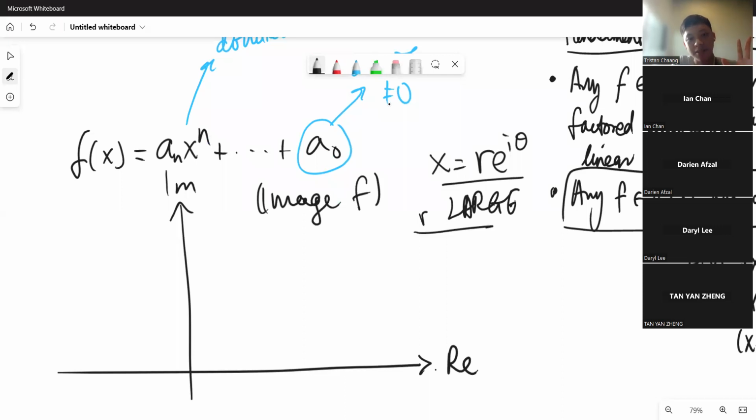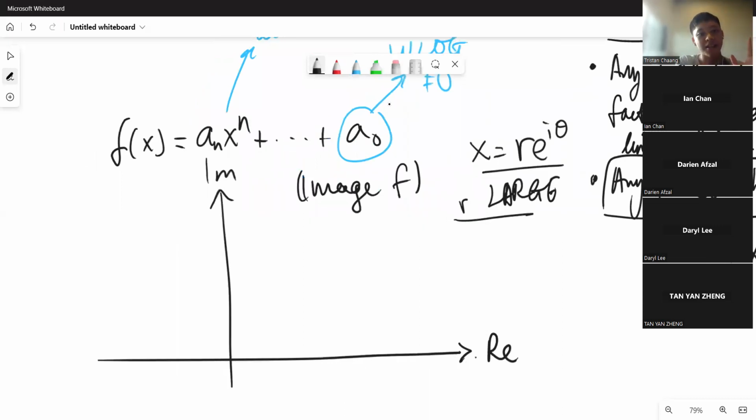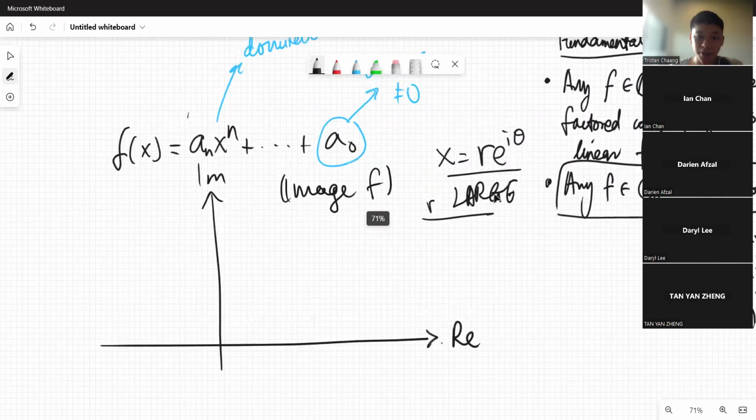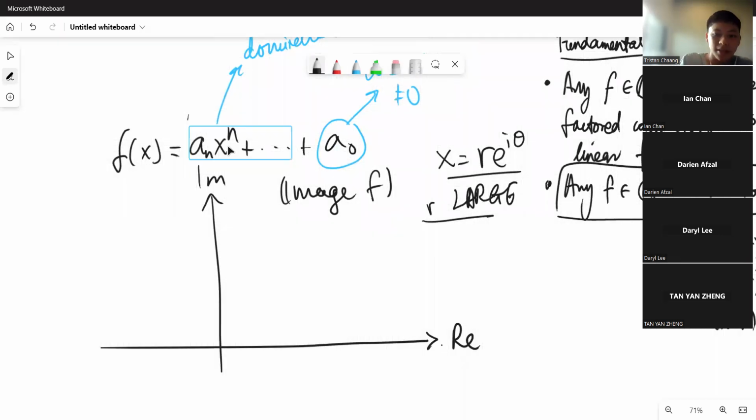So when r is large, f(x) is approximately a_n x^n.